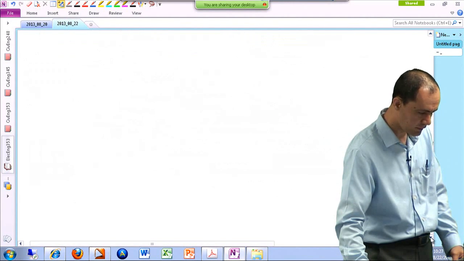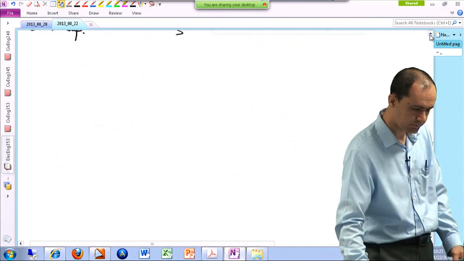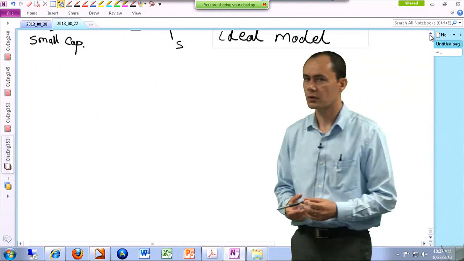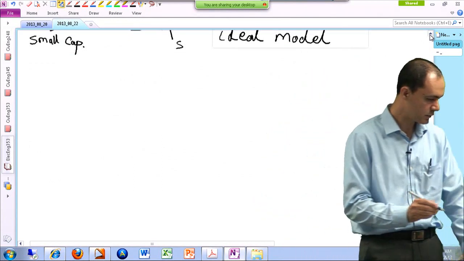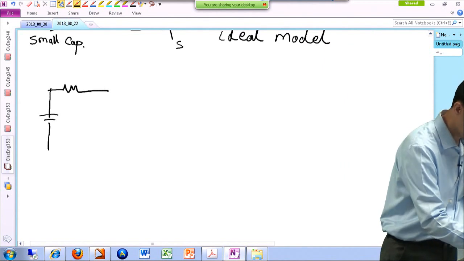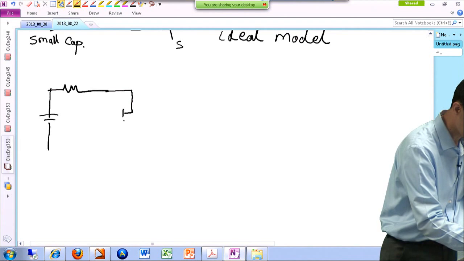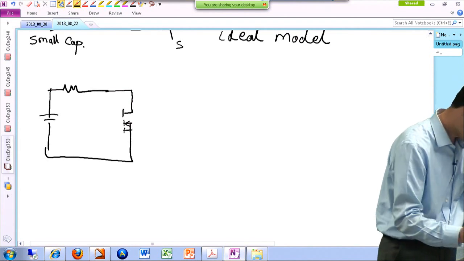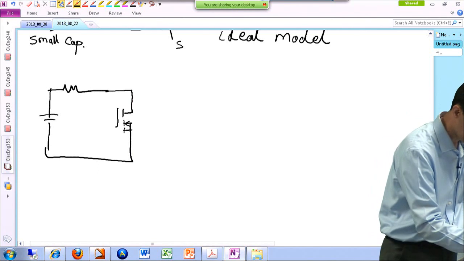So let's have an example of how this component works and how we can turn it on and off. Let's consider our basic circuit. We have a loop. In that loop, we have a resistor to limit the current, and then the MOSFET.